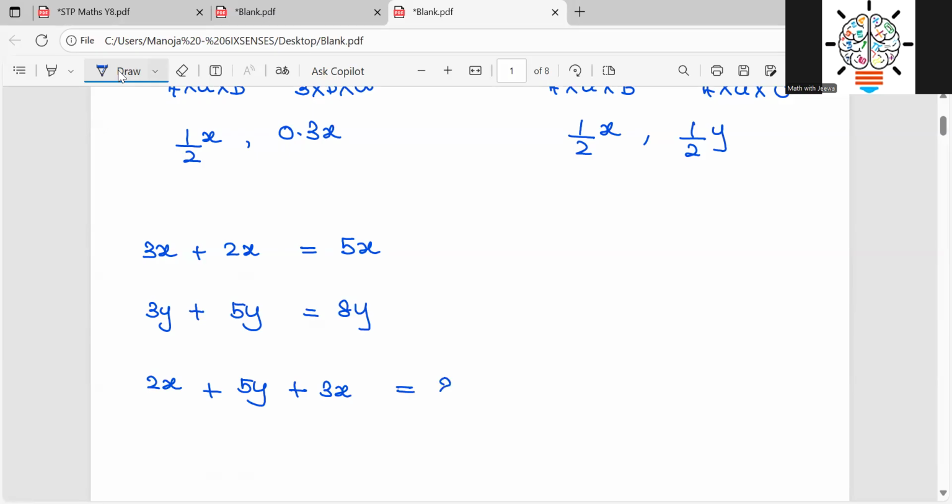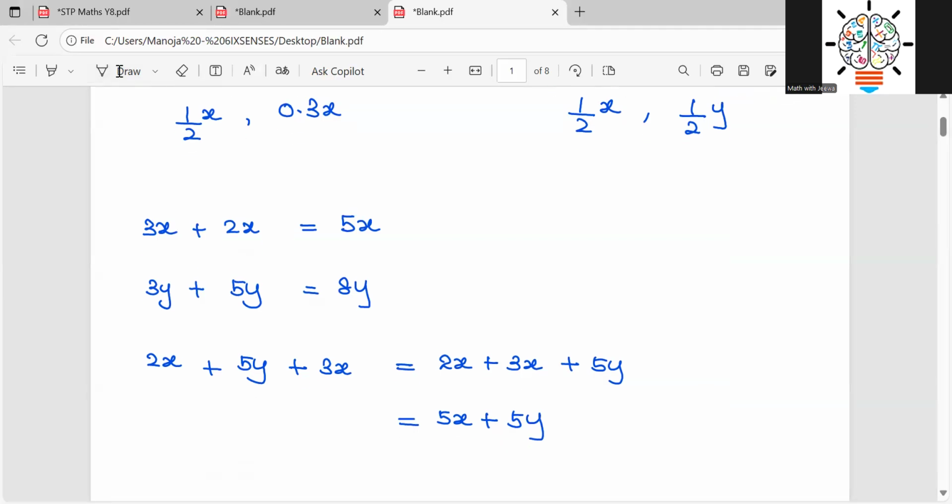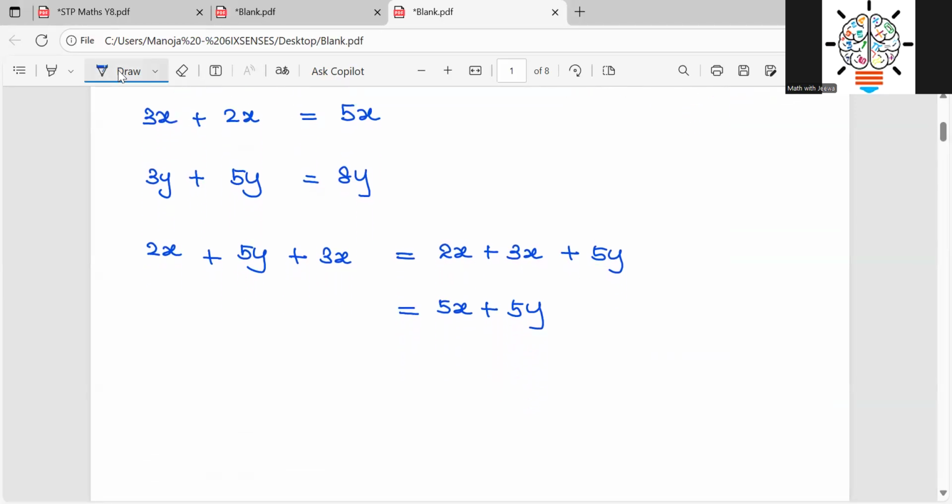How do you write the answer? 2x plus 3x plus 5y. So 5x plus 5y. You can't add them more because they are different, right? So this is example 3, and I'll take another one, the fourth one.